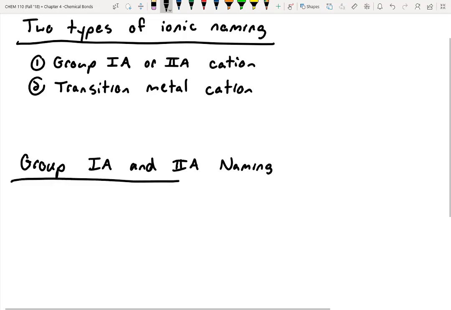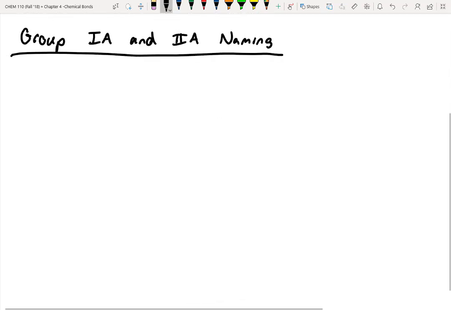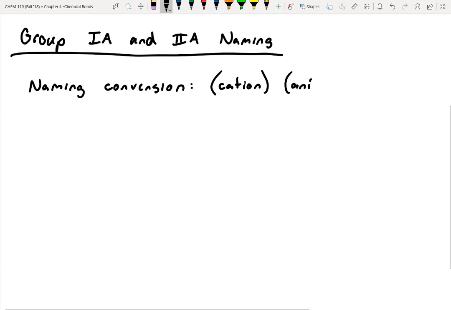Really anything that's not a transition metal will fall into this class. And I'll show you the simple naming convention. You start out with your cation. Cations always come first. So just name your cation, and then you have a space, and then you have the anion second with an IDE suffix.